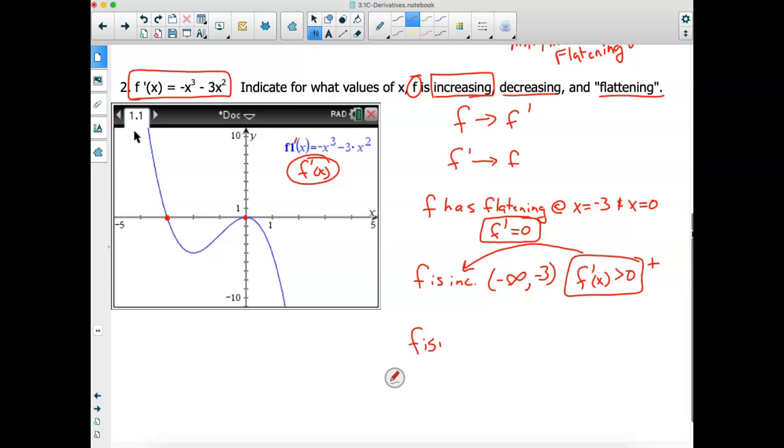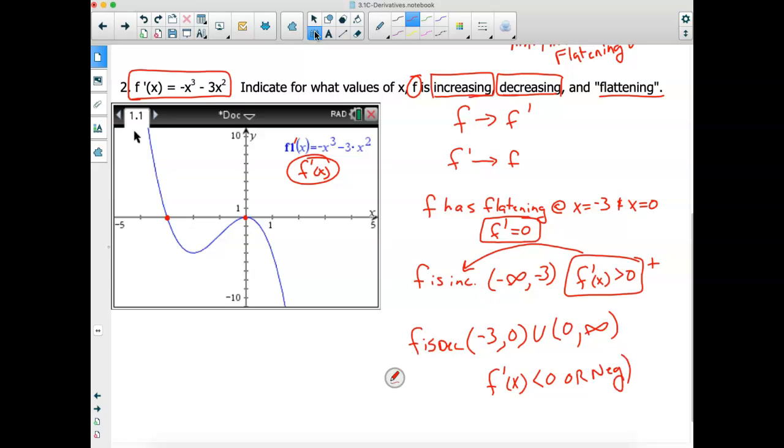F is decreasing from -3 to 0 and, really should put my union in there for the and, union with 0 to infinity. My justification, my reasoning why it's decreasing, is because f prime of x is less than 0, or negative, okay?